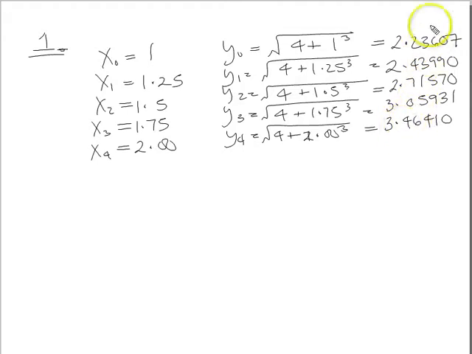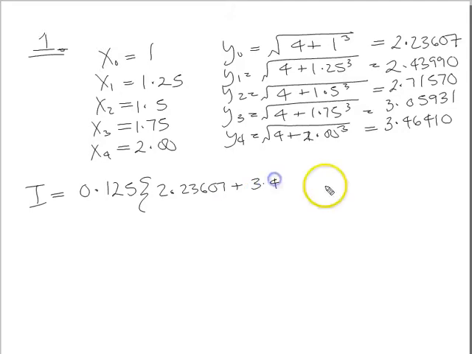Now we can write down, there's the 5 ordinates, the 5 y values. So if we remember our formula then, the integral for the trapezium will be h over 2, which we said was 0.25 over 2, which is 0.125. We can write that down straight away. Then it was the first and the last added together. So it's 2.23607 plus the last one, 3.46410.